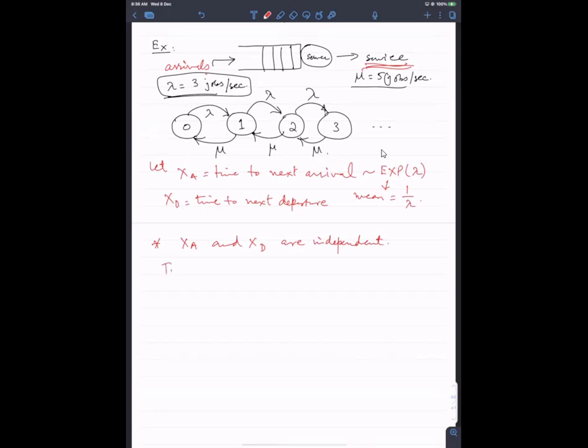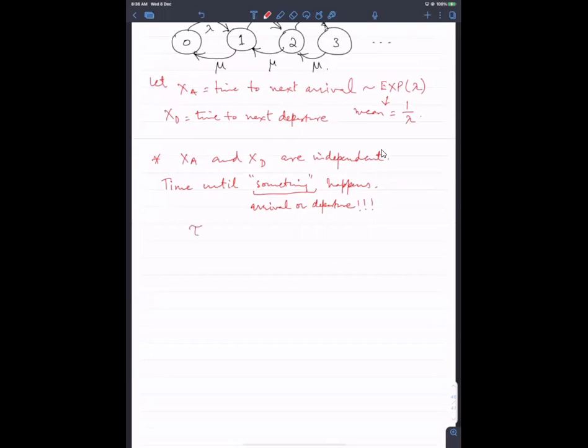Time until something happens, and this something includes arrival or departure. This time, tau I, is actually going to be an exponential with parameter lambda plus mu.